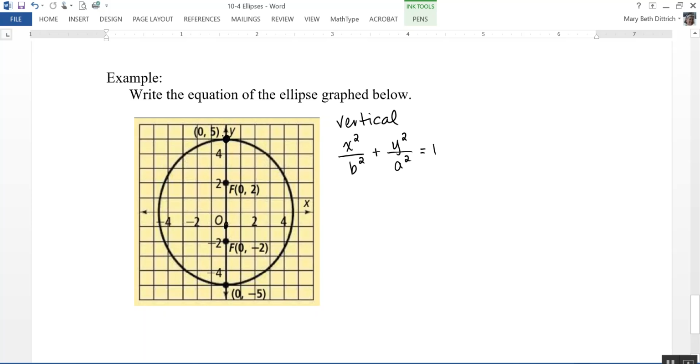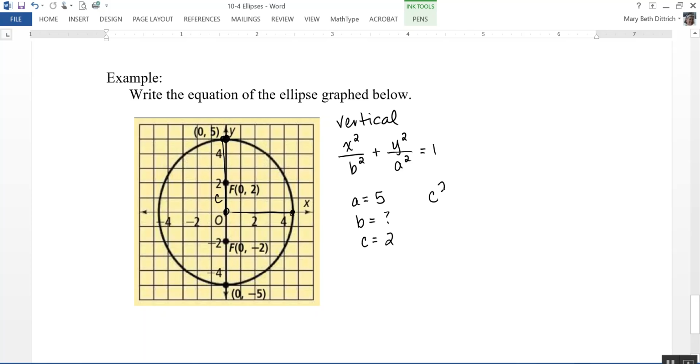Well, from this point here down to the center, that distance is 5. So my a is going to be 5. I don't know what my b is. I don't know what this distance here is, and I can't guess because that's not an exact point. And I know that the distance from my center to the foci is c, so I know that my c is 2.